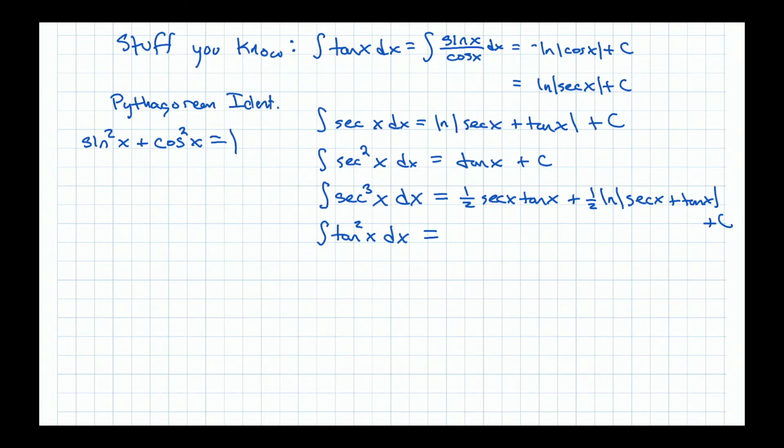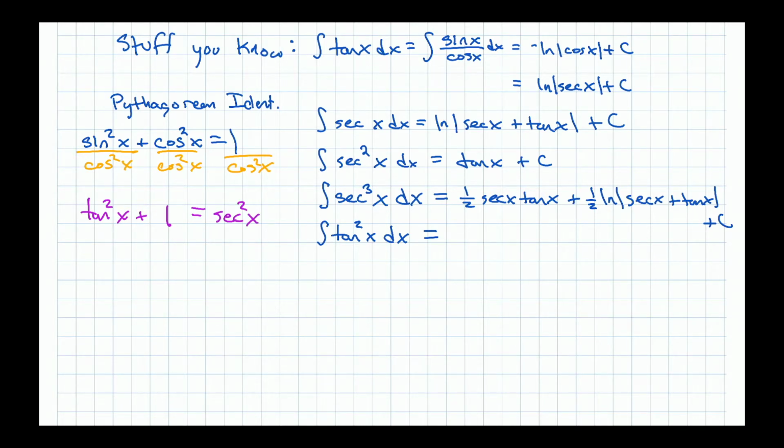If you divide every term here by cosine squared, then sine over cosine is tangent, so you get tangent squared x. Cosine squared over cosine squared is 1, and 1 over cosine squared is secant squared x. So we get this identity.